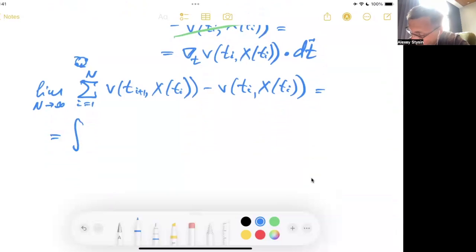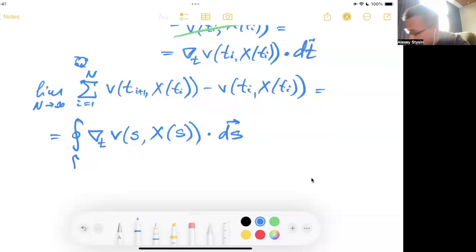This is going to be an integral over this closed curve gamma, and we use our approximation. So this is the gradient with respect to t. To make the notation a little more precise, I'm going to use a different variable of integration. So this is the gradient of v at s and x of s, times ds. This is the curve integral along this closed curve.